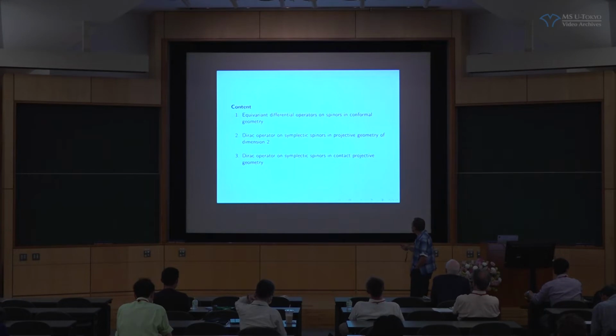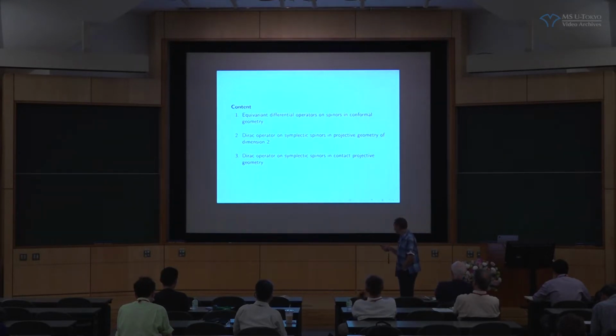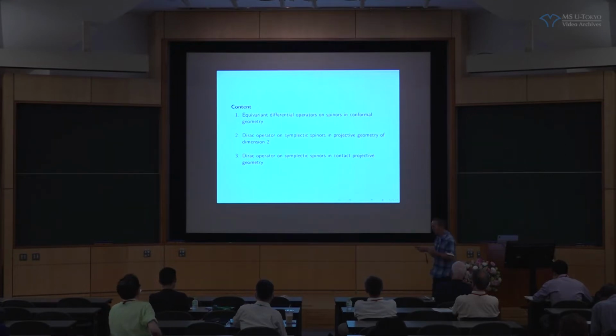And then I will try to generalize point 2 to arbitrary dimension in the following sense. I will introduce a series of equivariant differential operators, which are again based on the symplectic Dirac operator. And again, they will act on symplectic spinors, but not in projective geometry as in point 2, but in contact projective geometry of arbitrary dimension.